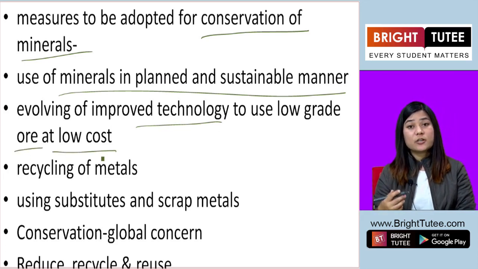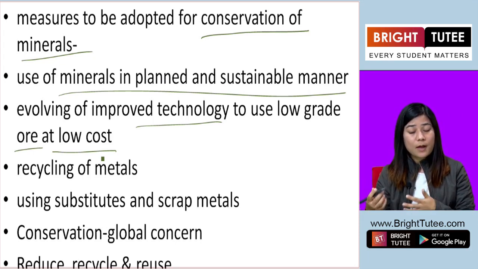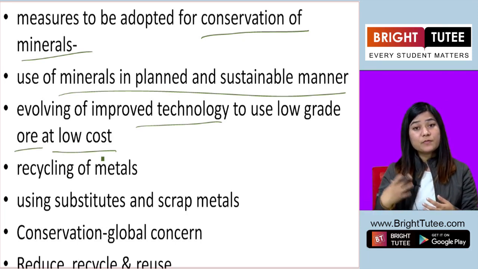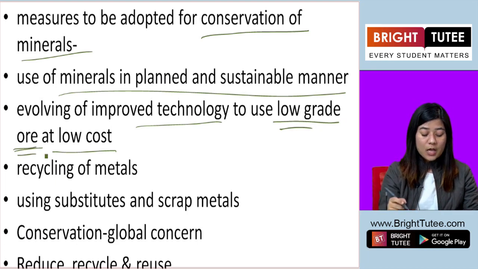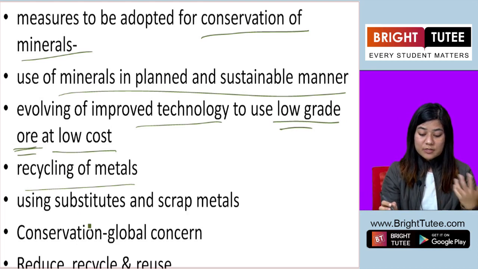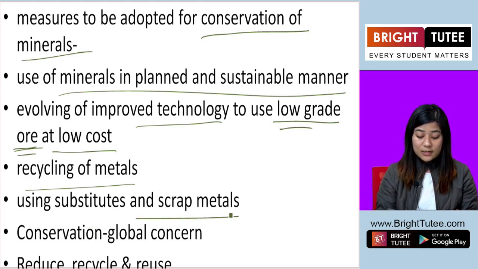So we have to make sure that we reduce the amount of money spent, and we have to improve the technology so that we use low grade of ore. Okay, we have to recycle the metals, and we have to substitute the metals with scrap metals. Okay, we have to recycle.